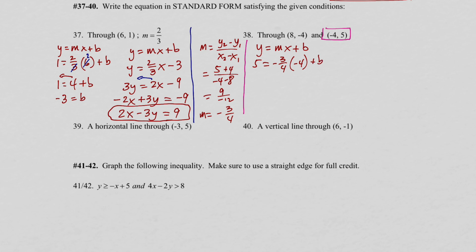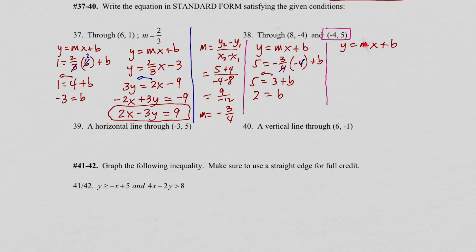So this will cancel, and we're going to get 5 is equal to negative 3 times negative 1, which is a positive 3, plus b. I'll bring this over by subtracting, and we'll get b is equal to 5 minus 3, which is 2. Draw a little line to separate our work, and we're going to again start with the original y equals mx plus b.